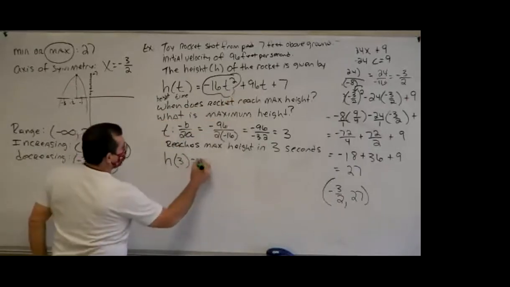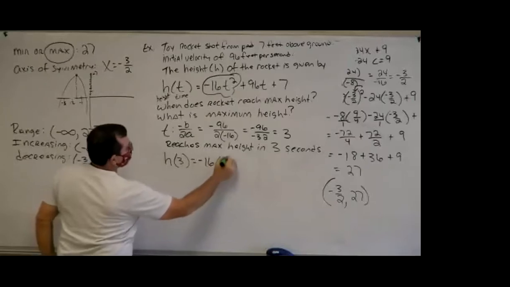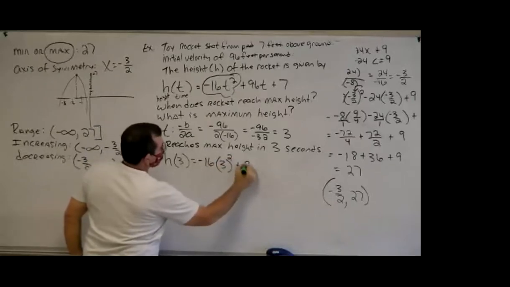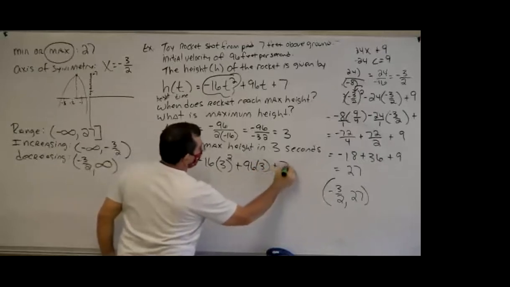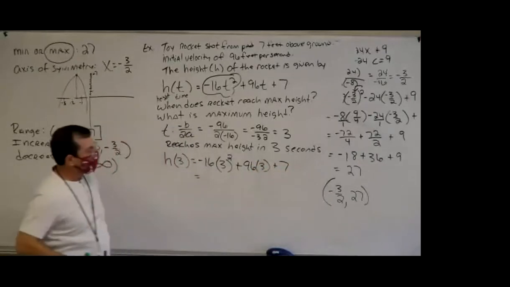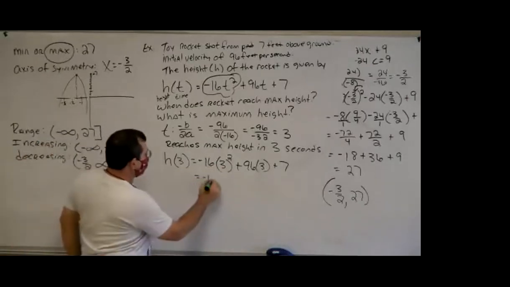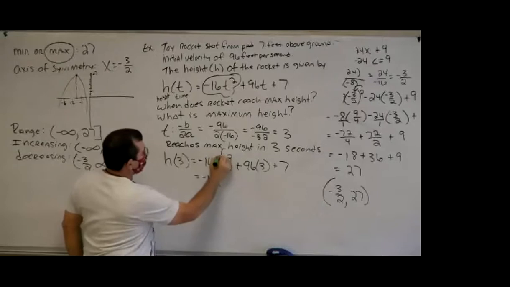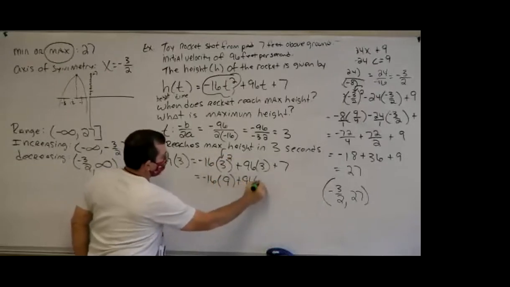So I got negative 16 times 3 squared plus 96 times 3 plus 7. So remember, you want to square the exponent first. So you're going to have negative 16, 3 squared would give you 9. And then I'm just bringing everything else down.